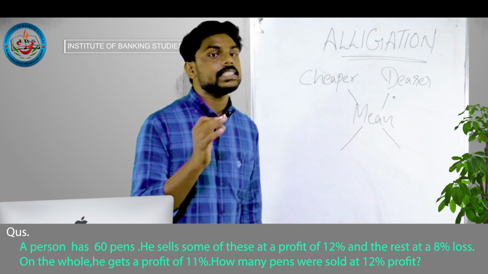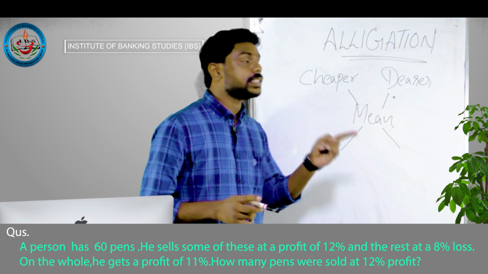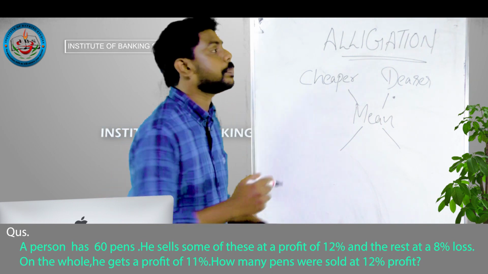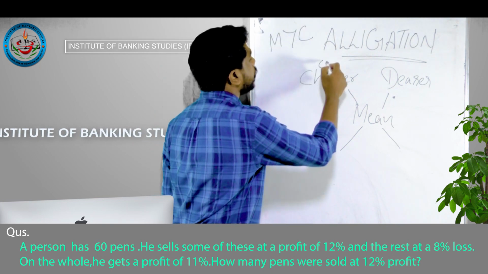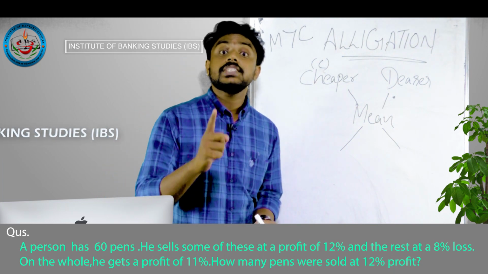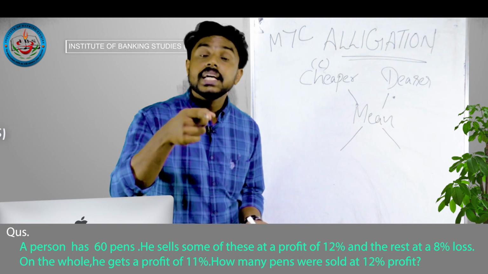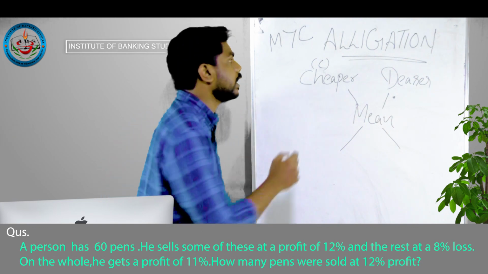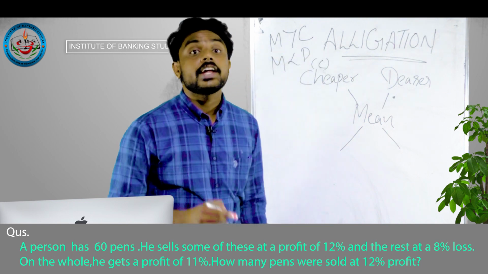We have already said one thing: the mean value is always greater than the cheaper quantity, and the dearer quantity is always greater than the mean value, or the mean value is always less than the dearer quantity.